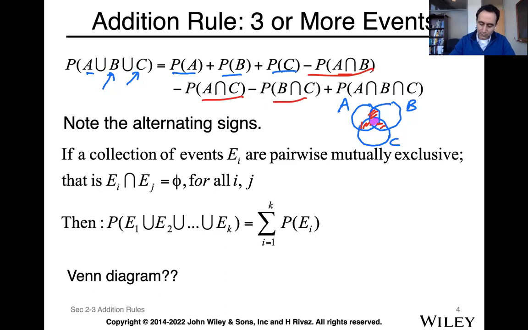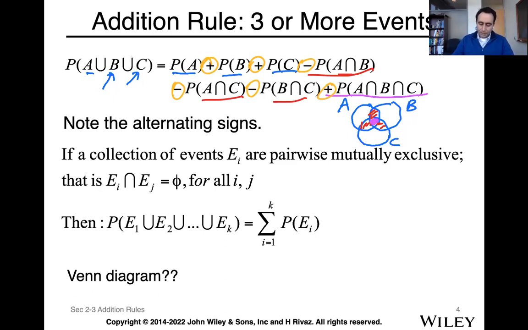So to correct for that, we add the probability of the intersection of all sets. And note that the signs alternate. So first we have positive signs, then negative signs for two sets, and again for three sets we have positive signs. Okay.